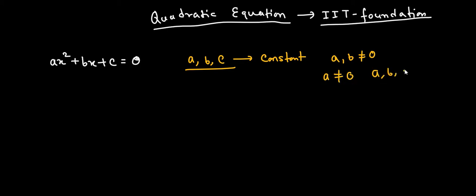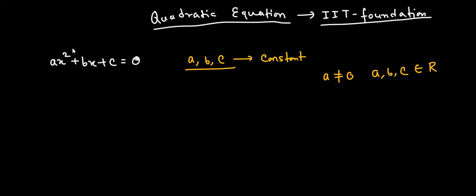Clear? And a, b, c, these three numbers belong to the real numbers. This is the criteria that we need to follow over here. To follow the quadratic equation, we need to follow these particular conditions. That is the most important thing that we need to follow in this video lecture.